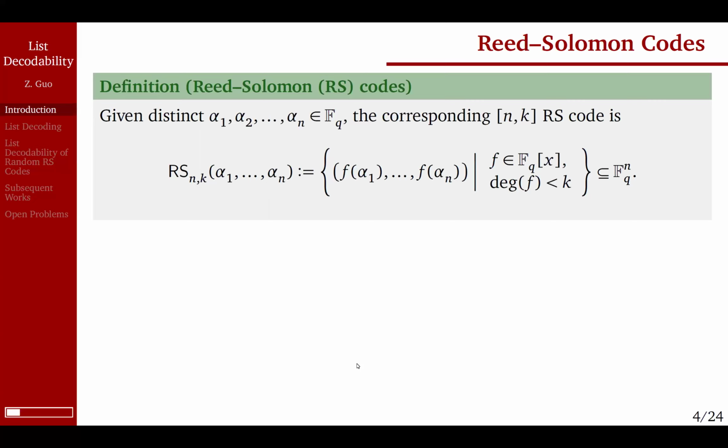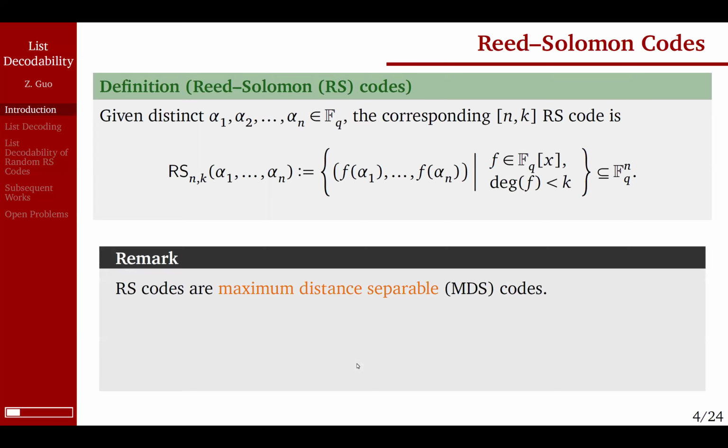So the alphabet has size at least n, and then we take the low-degree polynomial and evaluate it at alpha 1 to alpha n. We get an n-dimensional vector. This is the encoding map for this sort of code. You can show that this is an [n,k] linear code, and its distance is pretty good.